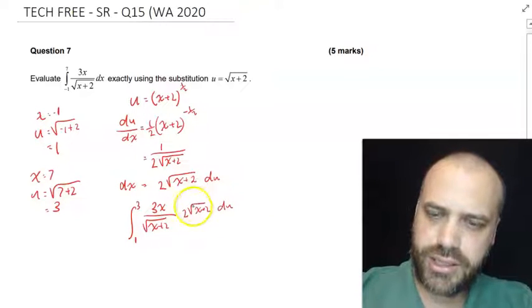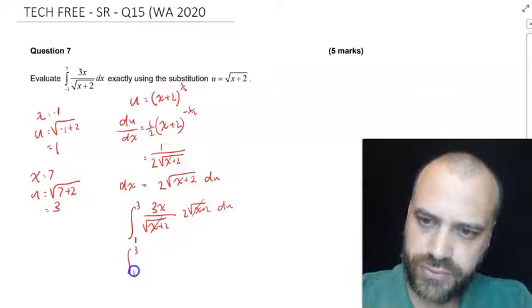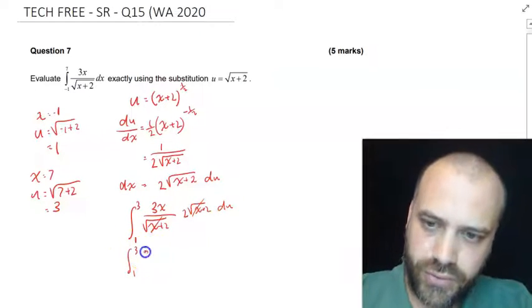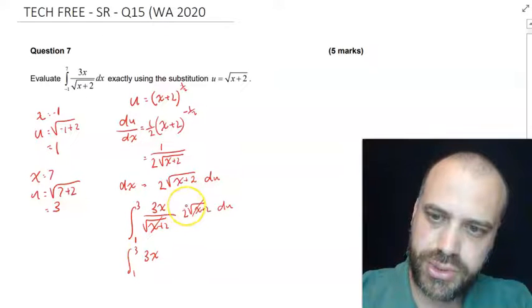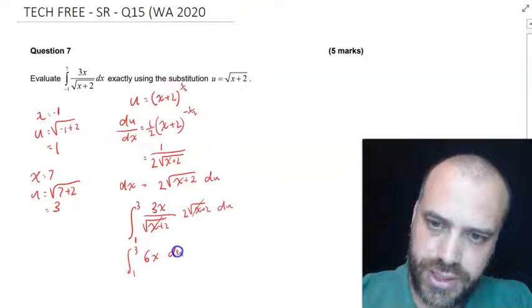Okay, so that root x plus 2 and that root x plus 2 cancel each other out. And I have the integral between 3 and 1 of 3x times 2, so not 3x, 6x du.